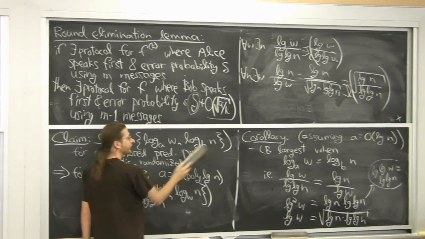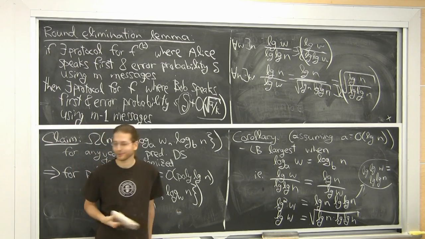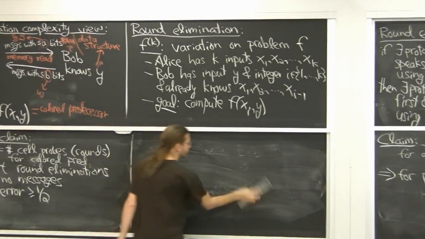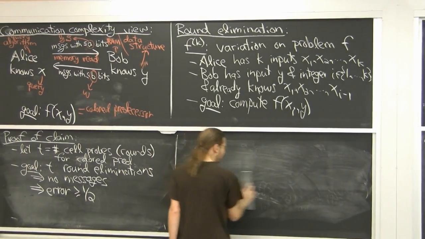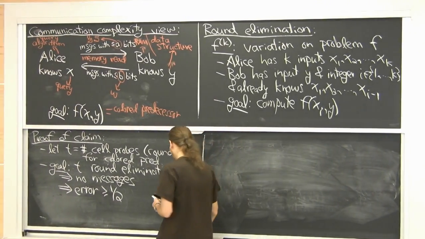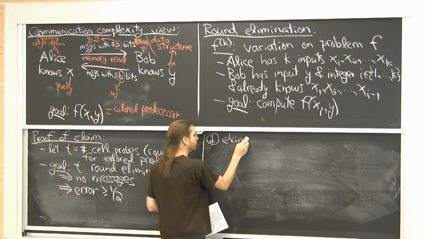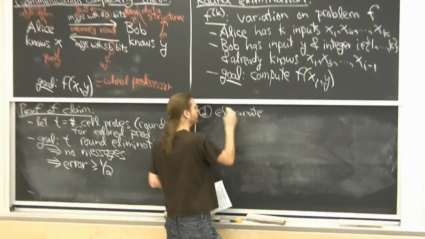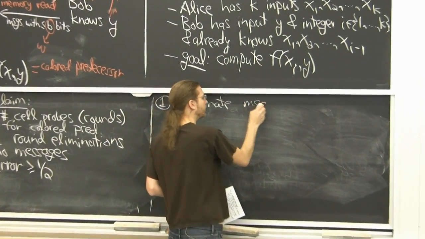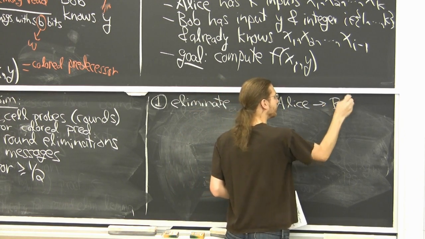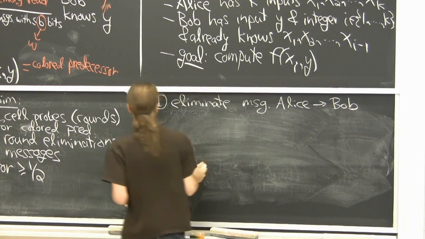When we go Bob to Alice, we're going to be contributing to this term, I think, or the reverse. We'll find out in a second. So let's do Alice to Bob first, because that's the first type of message we need to eliminate.